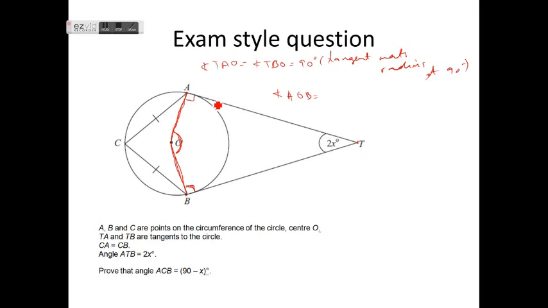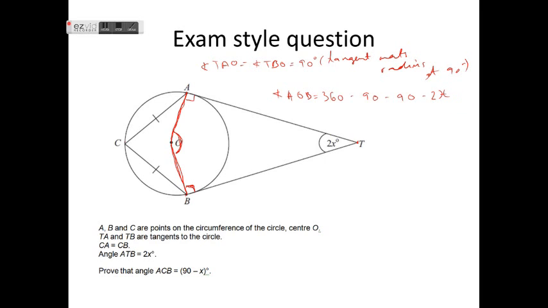So I know that angle AOB is y. Sorry. Okay, so we know that in AOBT, it's a quadrilateral and it has 4 sides, so angles in a quadrilateral add up to 360 degrees.